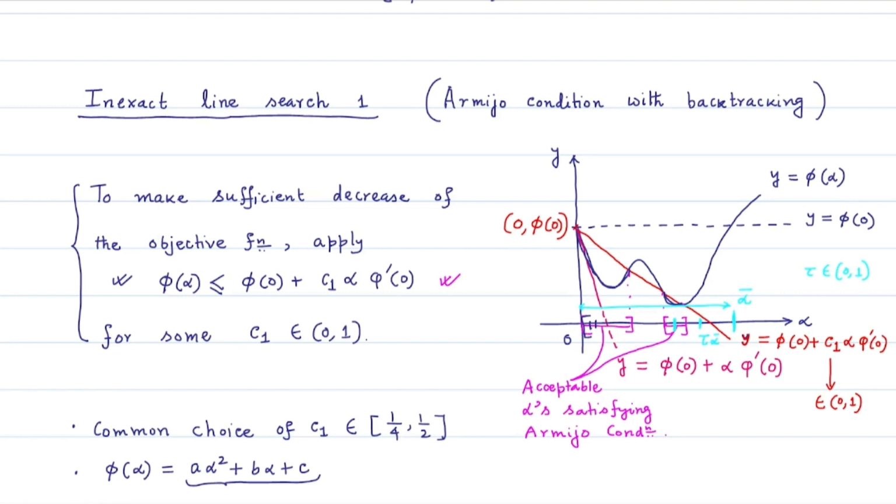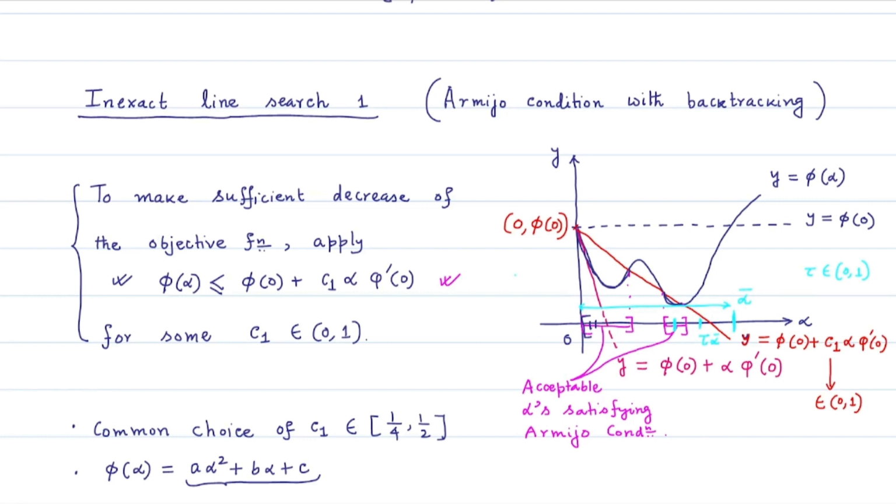This entire process starts with an initial estimate of step length, say alpha bar, a significantly large value, then you backtrack this alpha bar value by fraction multiples, tau alpha bar, tau square alpha bar, tau cube alpha bar, and so on. You keep considering this tau multiple of the previous step length and check whether this fraction multiple of alpha bar satisfies this Armijo condition or not.